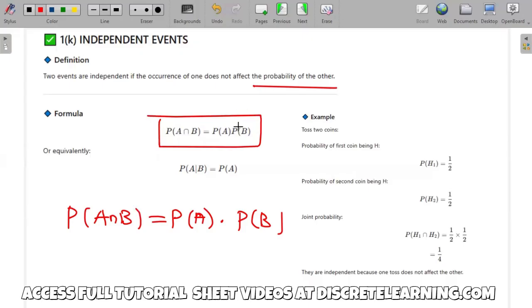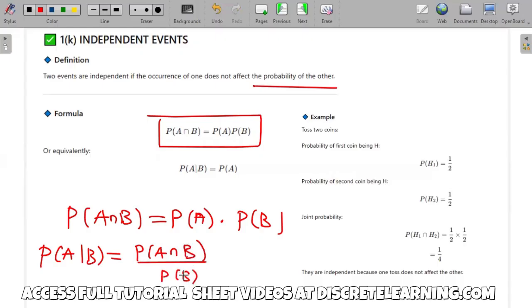And then this formula for independent events can also be used in the conditional probability formula. Remember the probability of A given B, we had said this was the probability of A intersection B, and then we divide this by the probability of what?